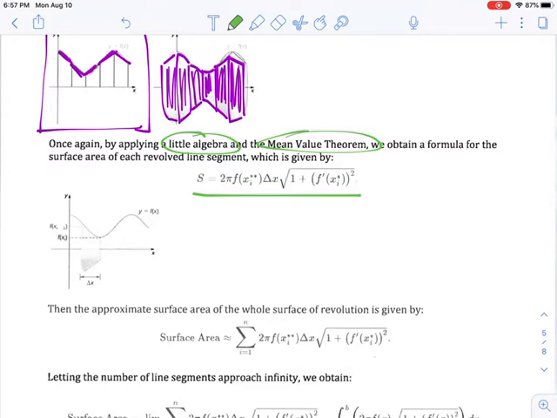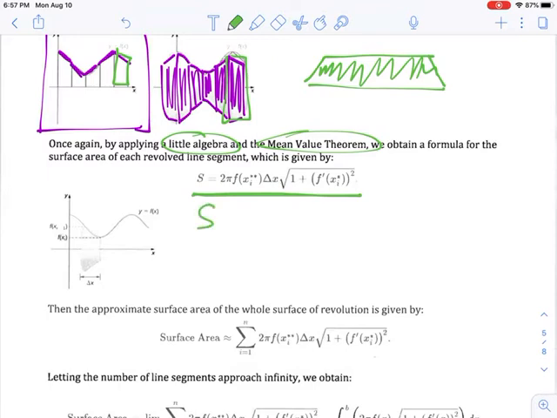If you think about it, if you take one of these and you rotate it around, you get something that looks like this. You cut it open, and you have something that looks kind of like a trapezoid. And so what we're doing is finding the surface area of that right there. And so this formula will do that for us.